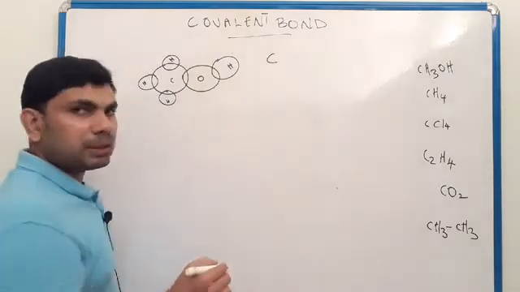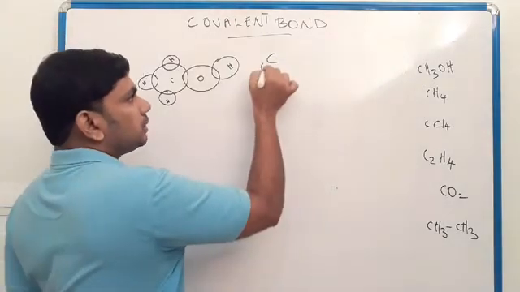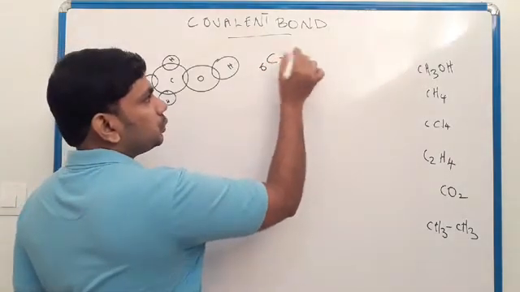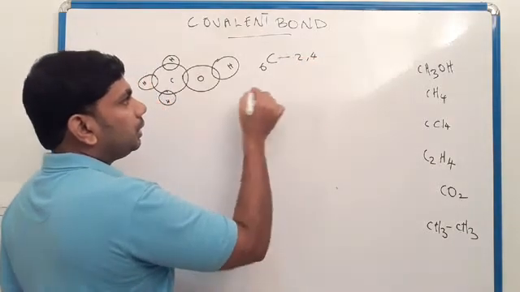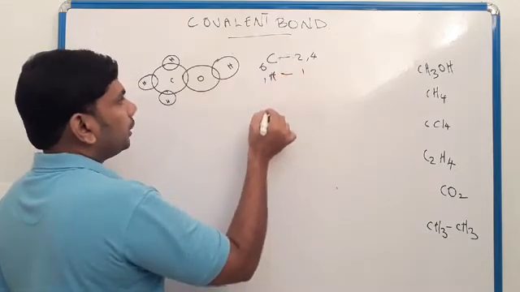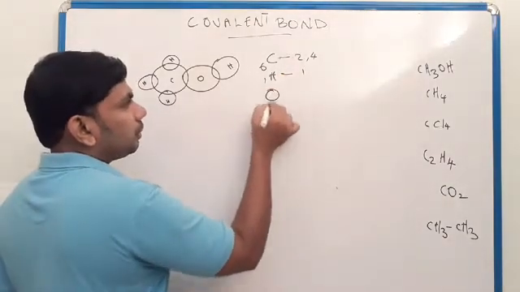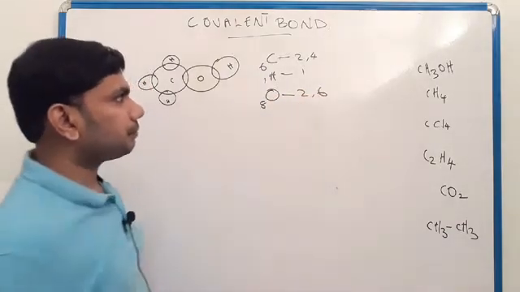Now we can put the electrons. What's the atomic number of carbon? Carbon is 6, so 2, 4. Hydrogen atomic number 1. Oxygen atomic number 8, so 2, 6.